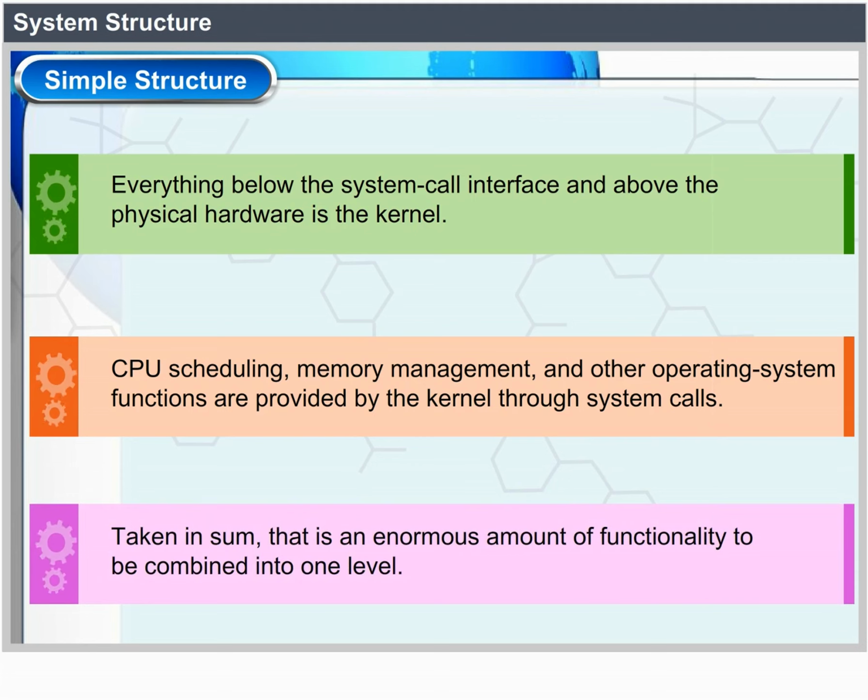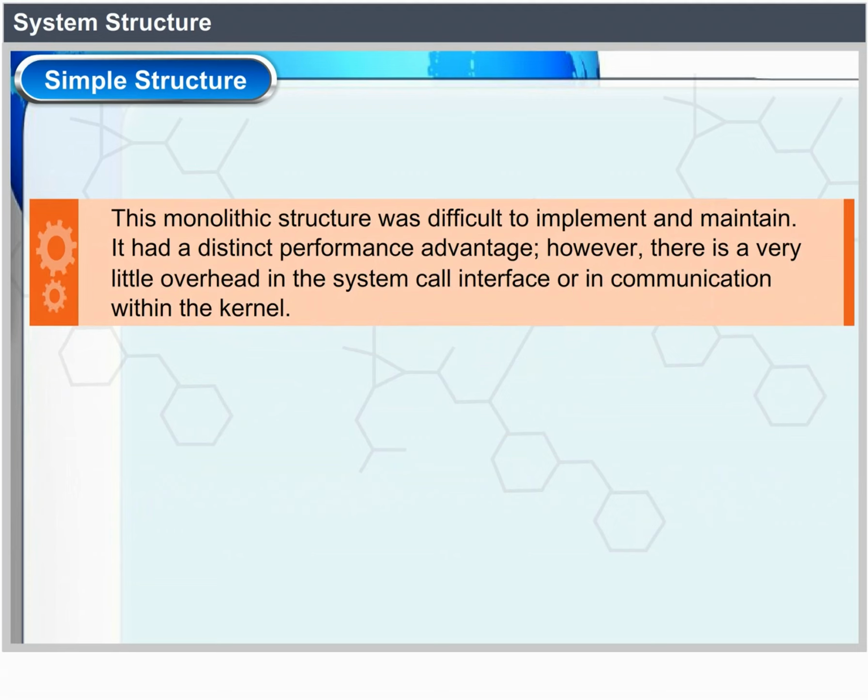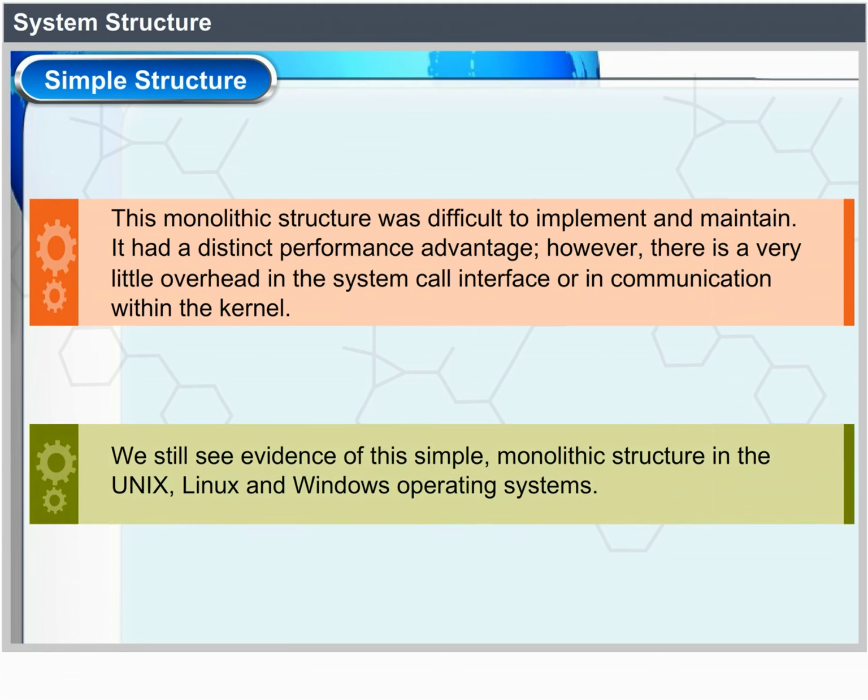The monolithic structure was difficult to implement and maintain. It had a distinct performance advantage, however. There is very little overhead in the system call interface or in communication within the kernel. We still see evidence of this simple monolithic structure in the Unix, Linux, and Windows operating systems.